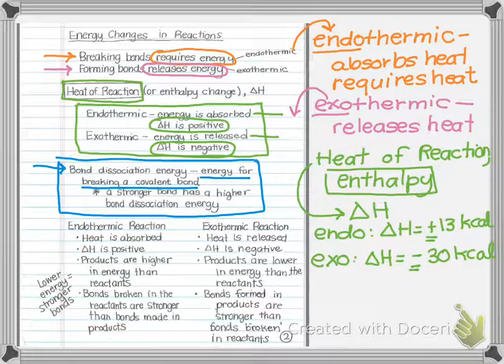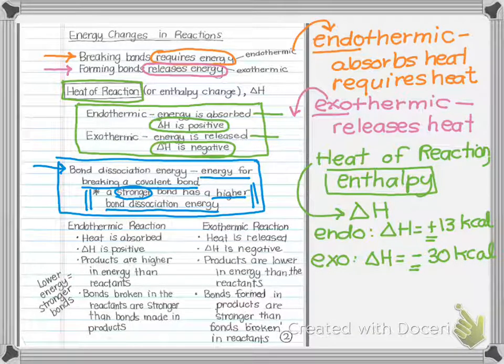You can look in your textbook, they have some values, and in higher level chemistries, they do calculations with bond dissociation energies. What I want you to understand is that bond dissociation energy will depend on the type of bond and what elements are there. And importantly, the stronger the bond, the larger the bond dissociation energy. So the stronger the bond is, the more energy it would take to break it.